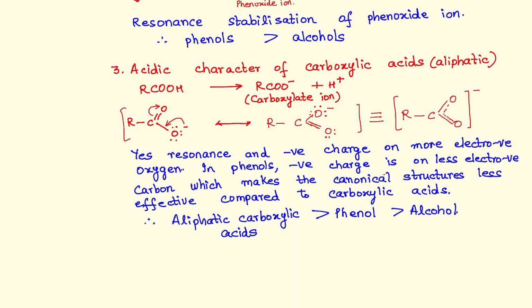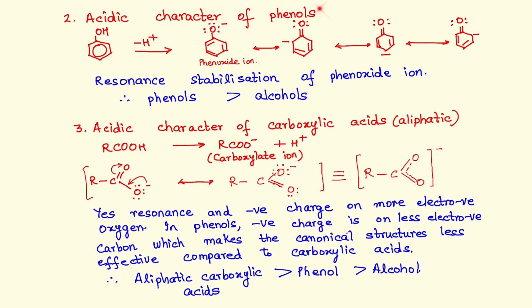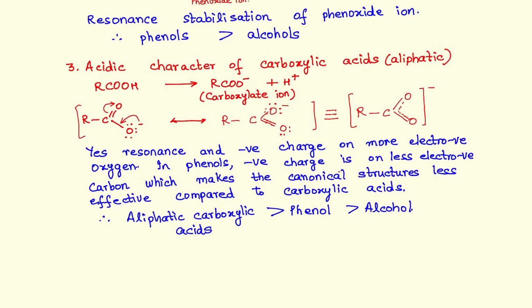So when we do a comparison of the acidic strength of phenols and carboxylic acids, yes, they both are losing a proton and they are forming a conjugate base, but the conjugate base formed by the loss of a proton in phenol is not as well stabilized as in the case of carboxylate ion.